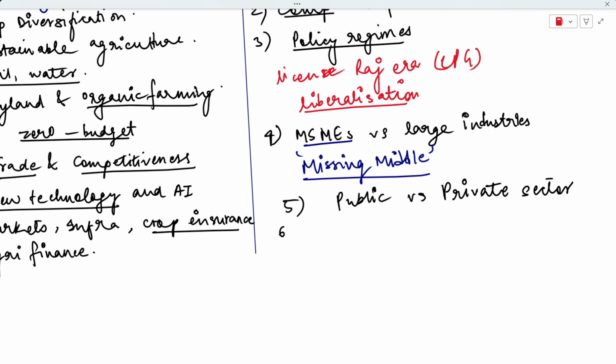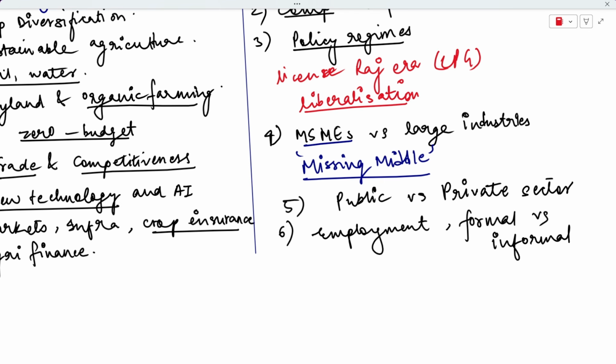And lastly, some miscellaneous topics would be employment that we need to see. Then we need to talk about formal versus informal sectors, right? And we'll talk about infrastructure and infrastructure bottlenecks specifically. What do we mean by infrastructure bottlenecks?